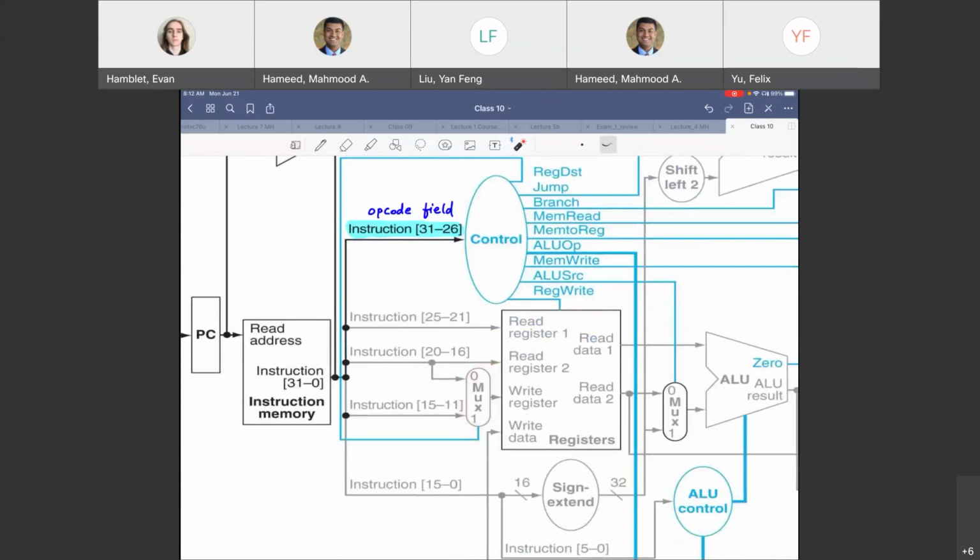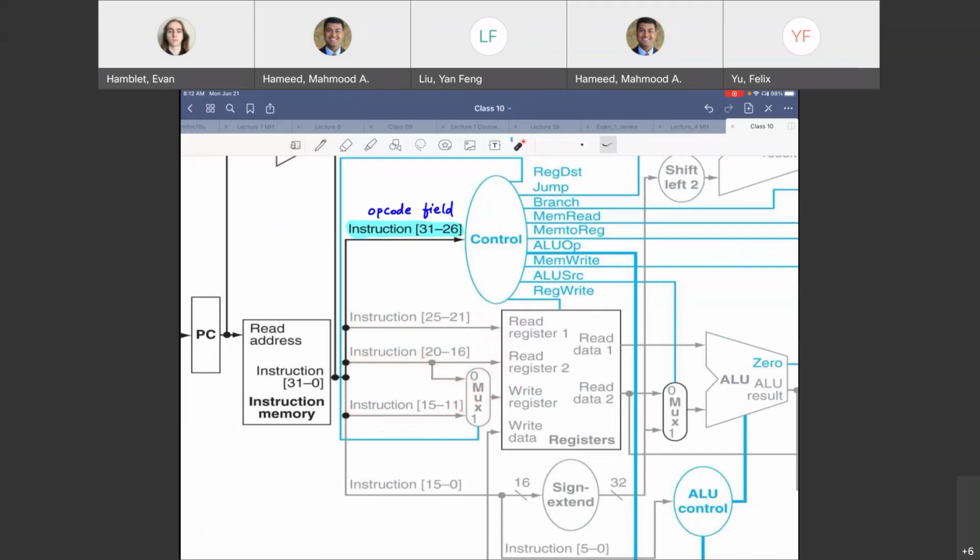In I-type, RS, RT, RT. The third input is also RT, right? So this is same, RS goes through, this guy goes same, RT goes through. However, for the third input, write register, it could either be RT or it could be RD, right? So that's how we differentiated between R-type and I-type instruction.